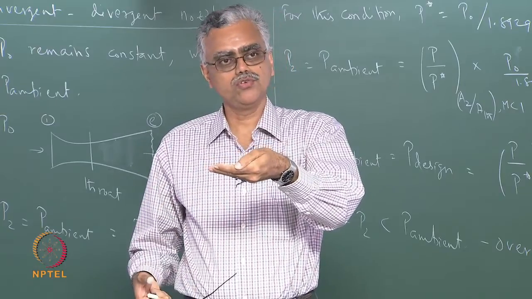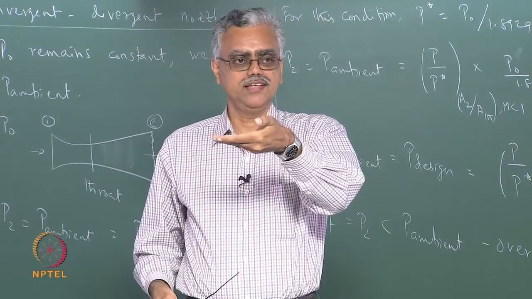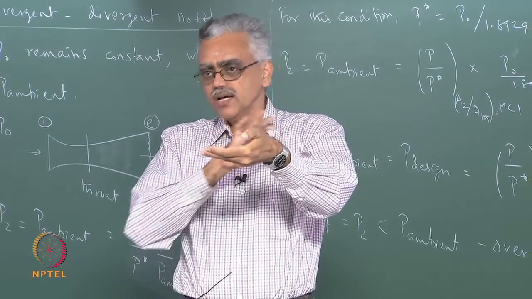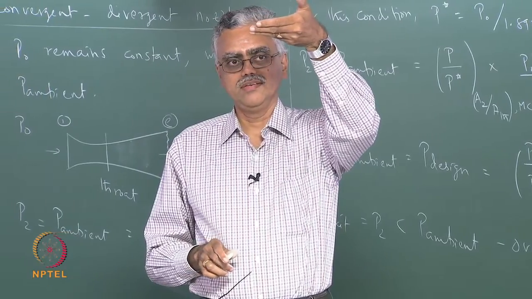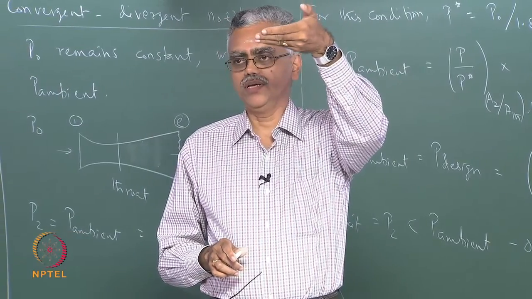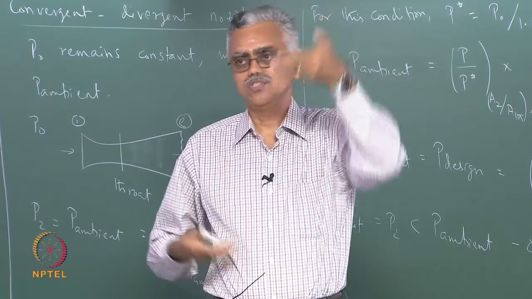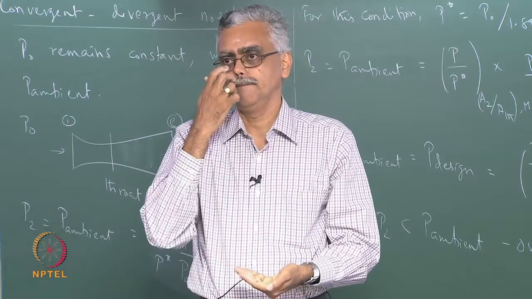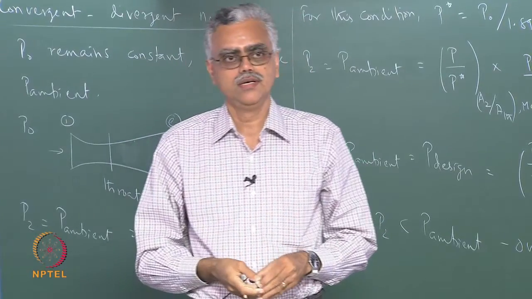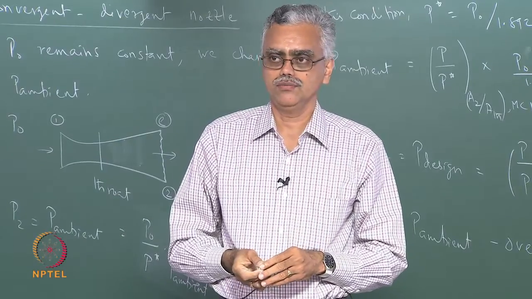So the flow is going to be over expanded until the rocket reaches the design altitude, where it becomes correctly expanded. And then when it continues to go above, the exit pressure is actually more than the design pressure, which means it is under expanded now. So it starts out as over expanded, correctly expanded, then under expanded. So this kind of situation is seen in real life with these types of nozzles, with the convergent divergent nozzle.